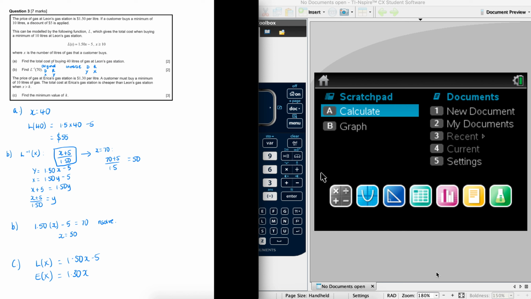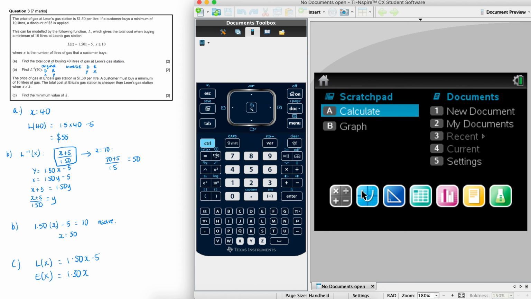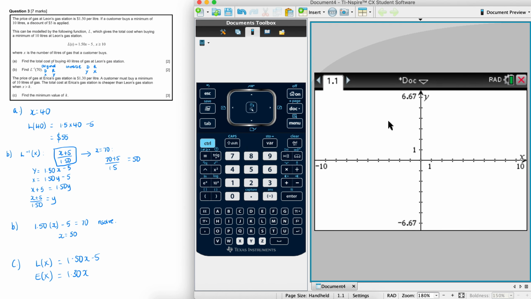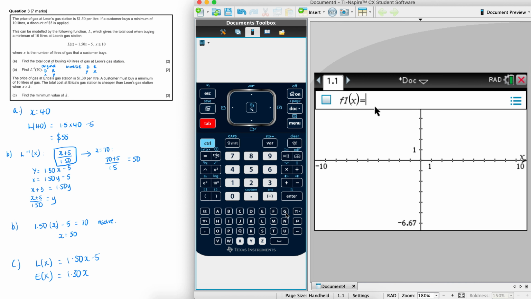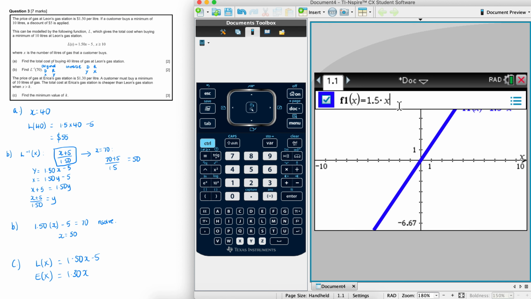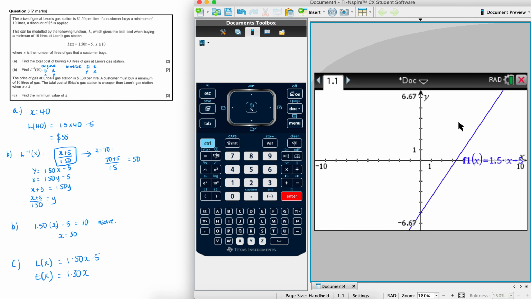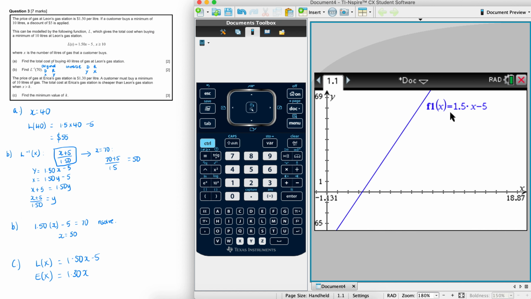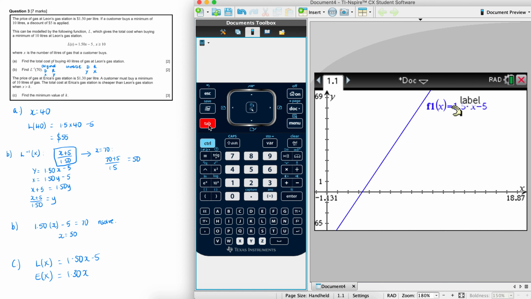So what we're going to do is use our GDC to plot them and see what the two graphs look like. The first one is 1.5x minus 5, which is Leon's. And the second one, if I press tab, I can draw a second function, is 1.3x.